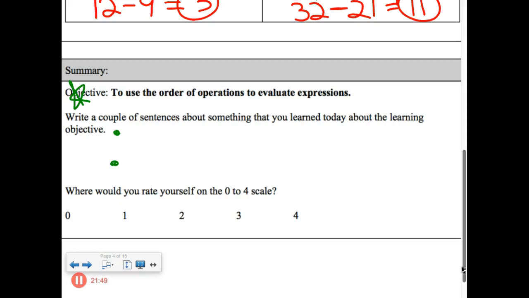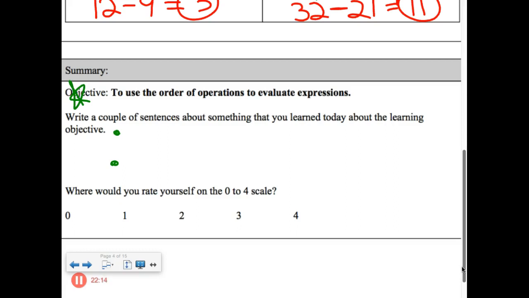And the very last thing that I want you to do is I want you to rate yourself. Okay? Think about what we were supposed to do today. Today we were supposed to learn about order of operations. So if you are a person who's at the 0 level, even with assistance, you would not be able to do order of operations. If I was sitting next to you and I was helping you through every single problem, you would not feel comfortable doing this.